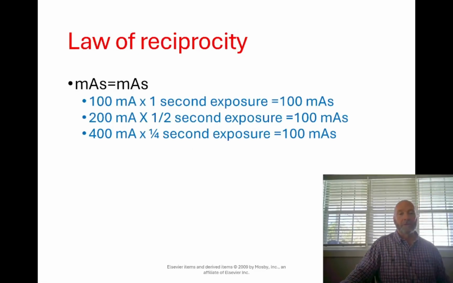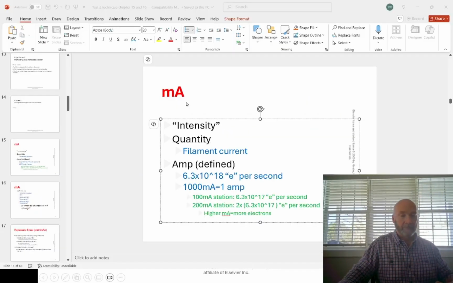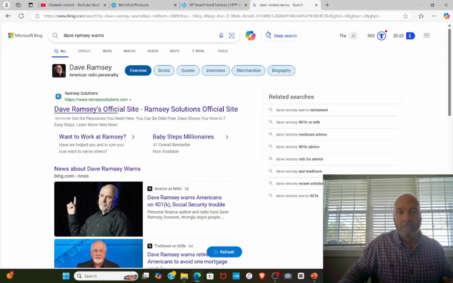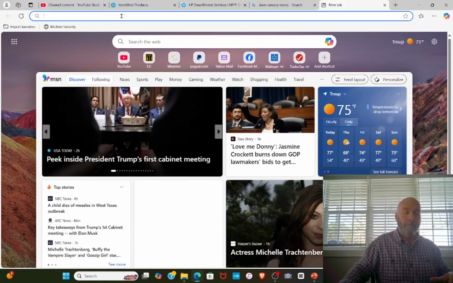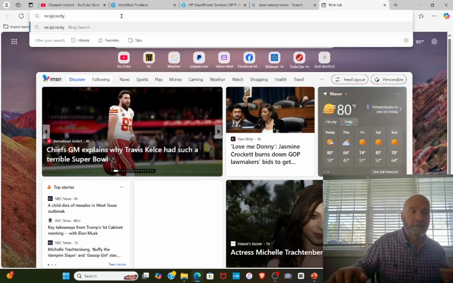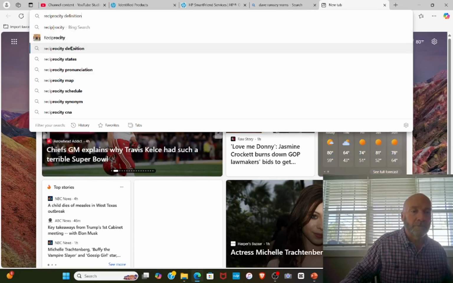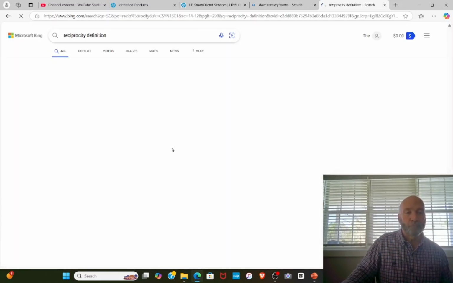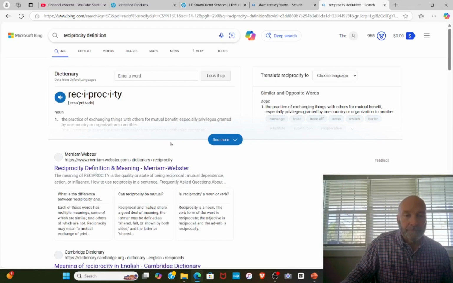What we have with law of reciprocity is, let me do this real quick. Reciprocity definition. It says the practice of exchanging things with others for mutual benefit, especially privileges granted by one country or organization.